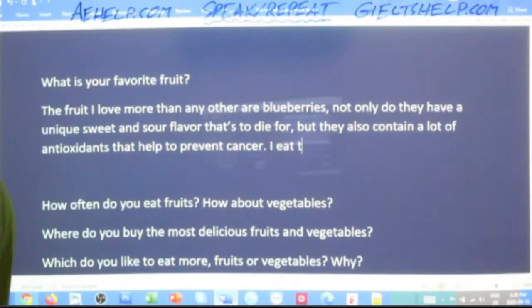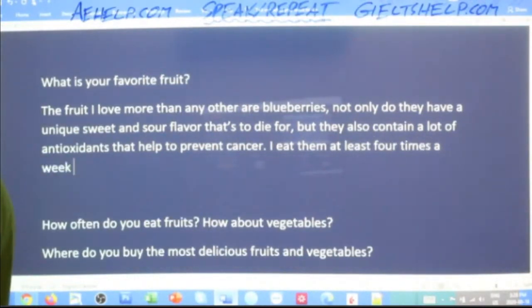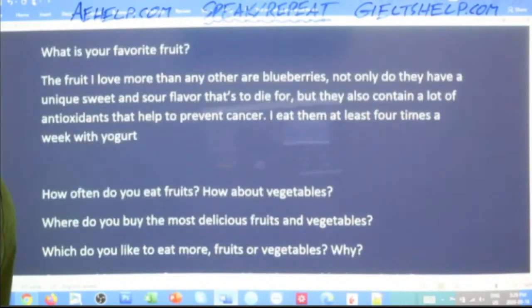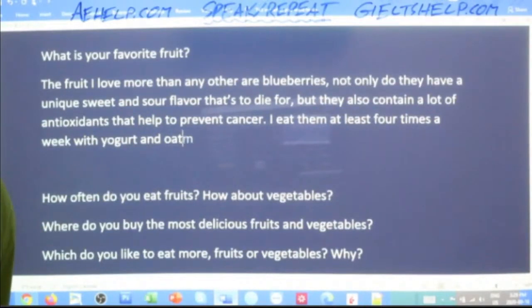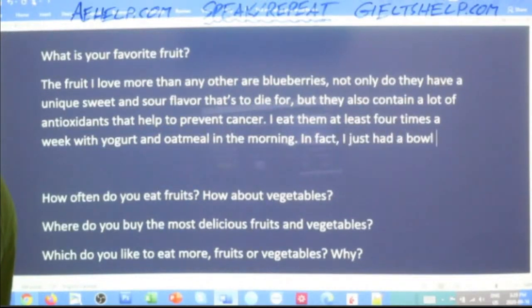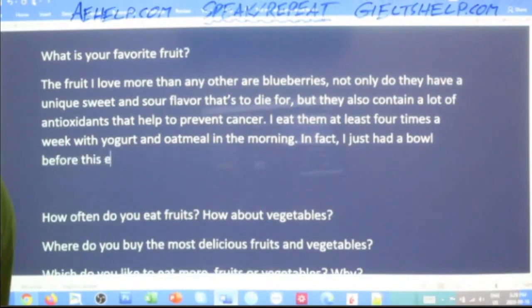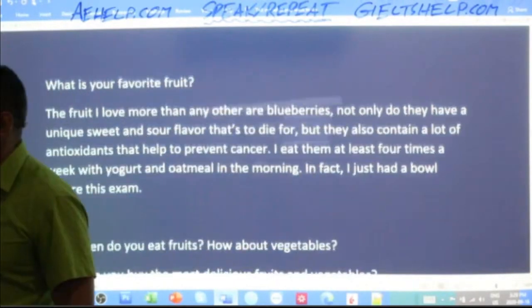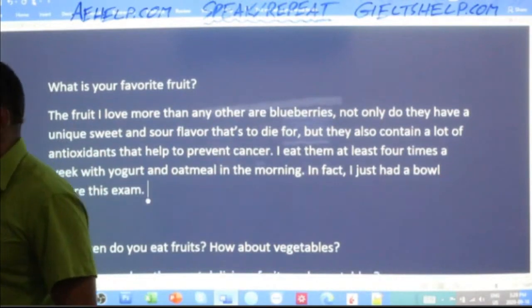I eat them at least 4 times a week with yogurt and oatmeal in the morning. In fact, I just had a bowl before this exam. Okay, and that's true. Blueberries definitely on the top of my list.